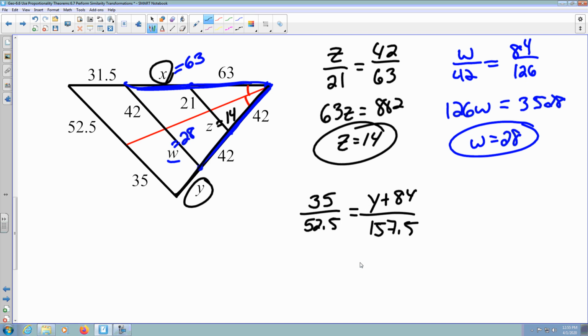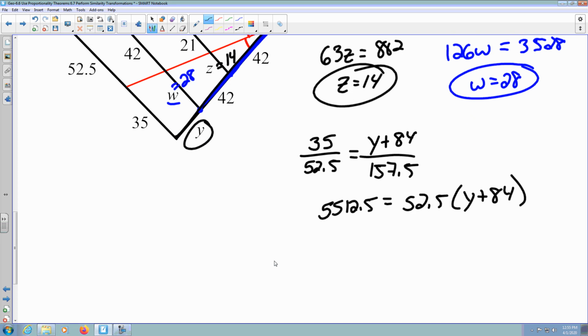So 157.5 times 35 is 5,512.5, which is equal to 52.5 times the quantity of y plus 84. Leave the left side of the equation the same, distribute the right, so 5,512.5 is equal to 52.5y plus 52.5 times 84, which is 4,410.